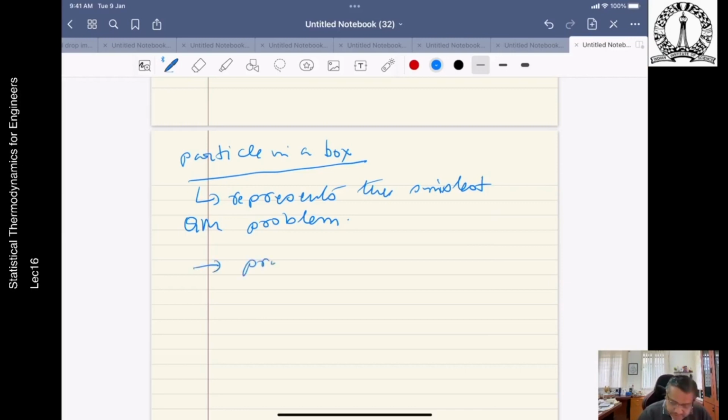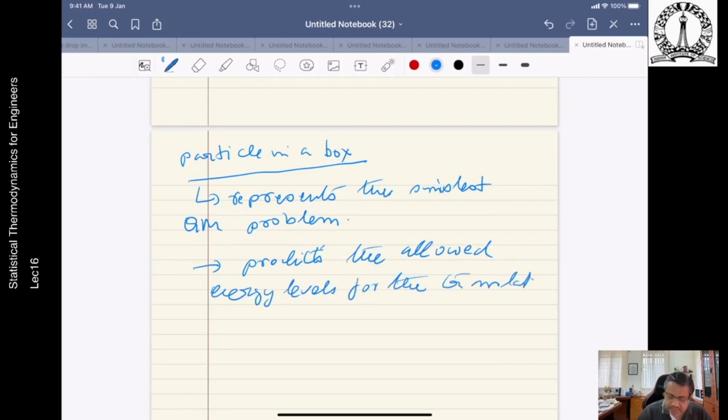So it basically predicts the allowed energy levels for the translational mode of any atom or molecule.